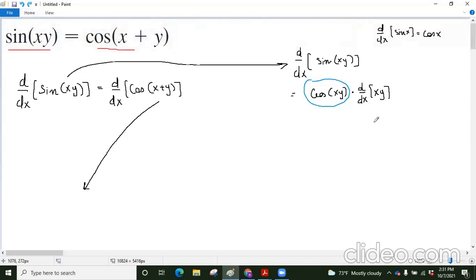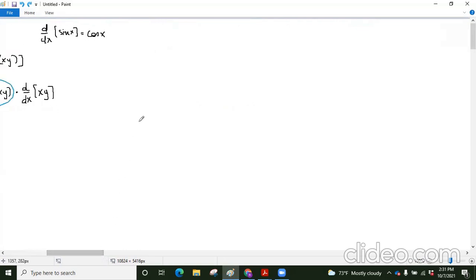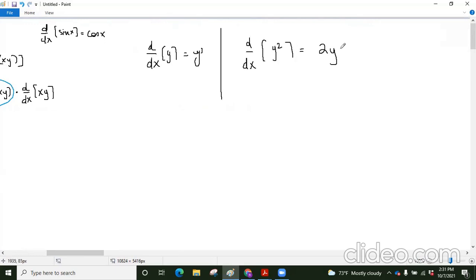Now we're going to eventually have to take the derivative of y, but there are essentially two rules you want to remember when working with implicit differentiation. The derivative d over dx of y is y prime. That's one possibility. The other possibility is that the derivative of y squared or y to the third or y to the fourth uses the power rule, but then you just add a y prime.